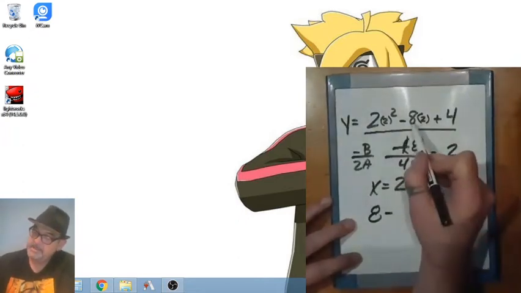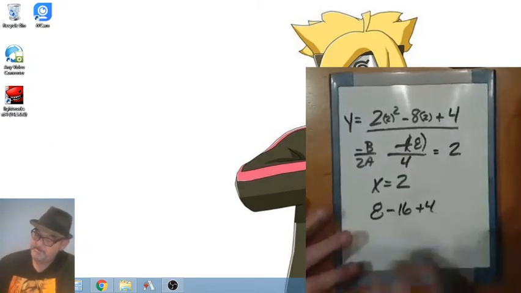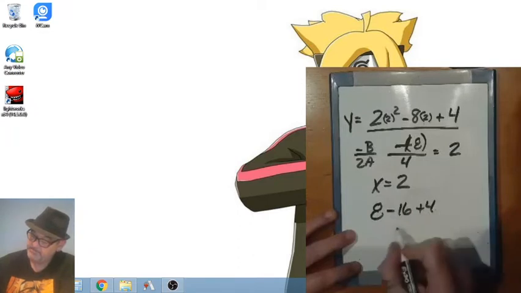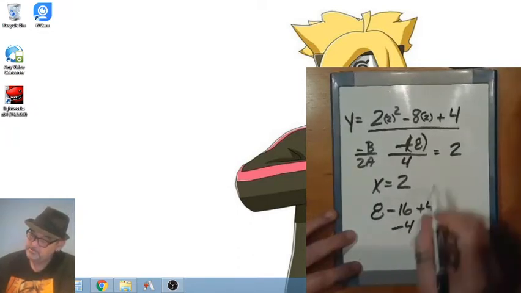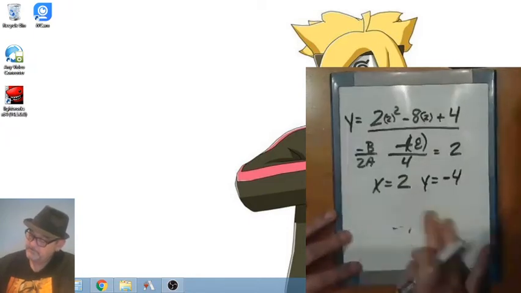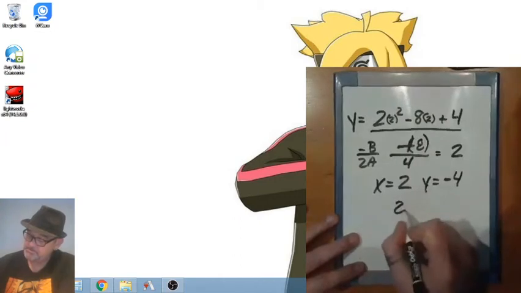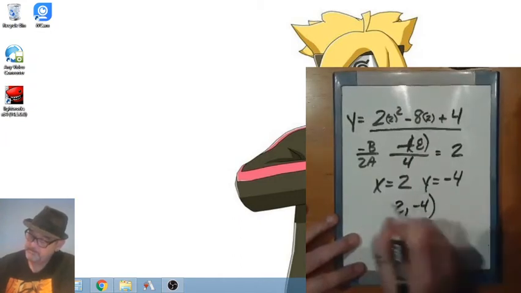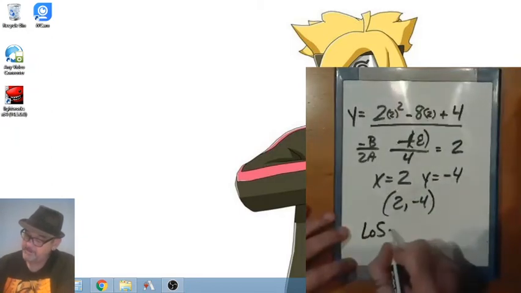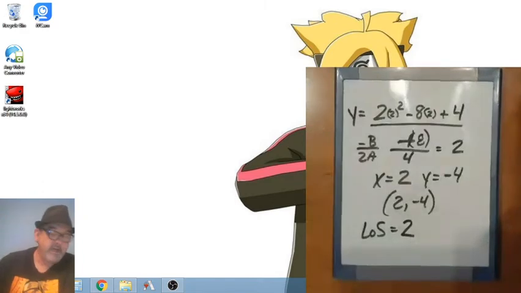Minus 8 times 2 is 16, and then my plus 4 chilling out there on the right. 8 minus 16 is negative 8, and negative 8 plus 4 is negative 4. So my y equals negative 4. What's the vertex? Here's my x-coordinate, y-coordinate right there. 2, comma, negative 4. And what is the line of symmetry? It's whatever x is. And in this case, it's 2. There you go, guys. Real simple.